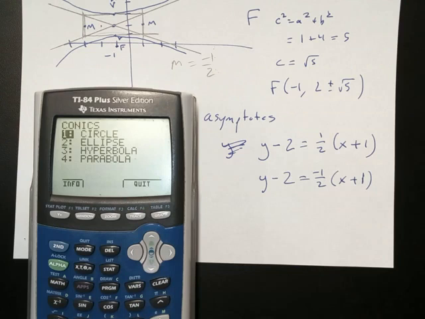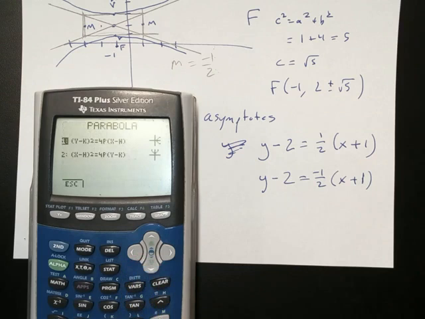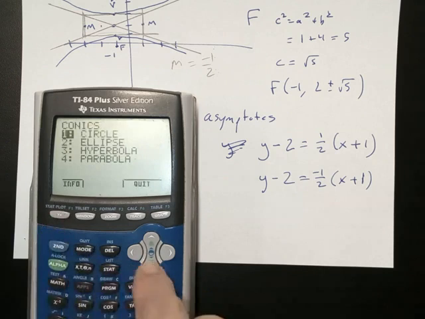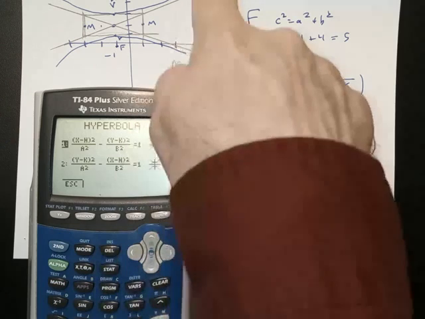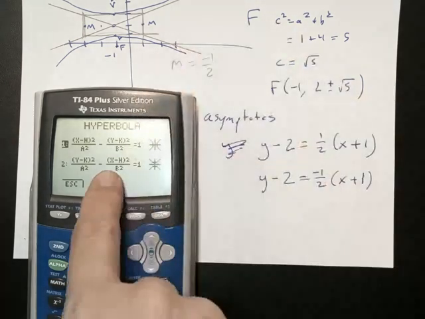It's all in here. There's the parabola equations. And it even shows me left, right versus up, down. Here are the hyperbola equations. It even shows me left, right versus up, down based on which one.